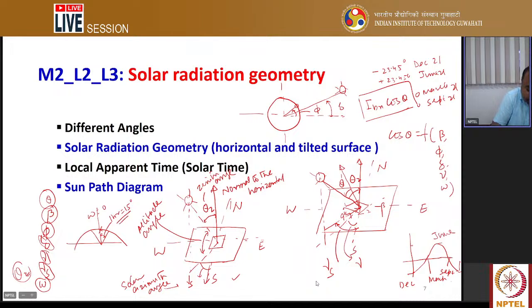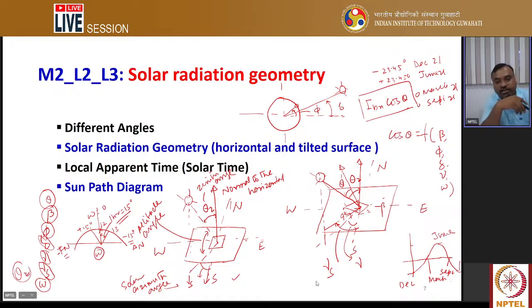So that means if we travel from 12 to 13, then you have minus 15 degree in the afternoon, and if we are traveling from 12 to 11 o'clock in the morning, it is positive 15 degree. Okay, so that's how we can find out what is omega.